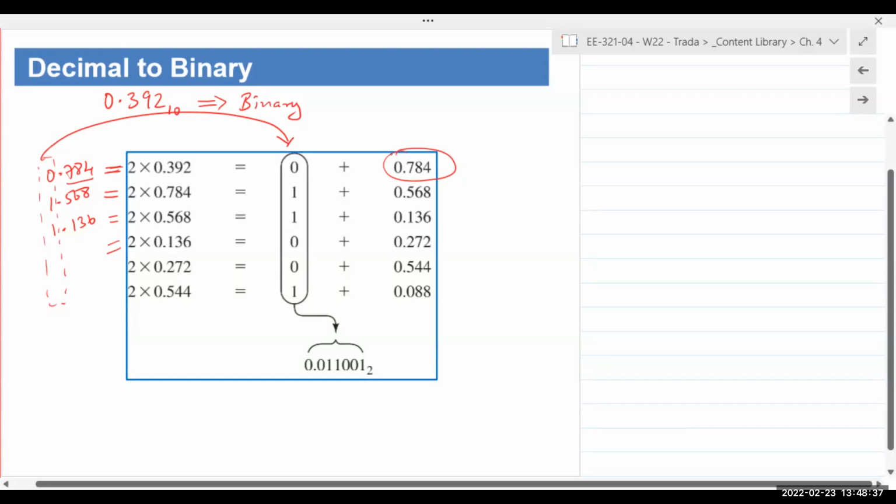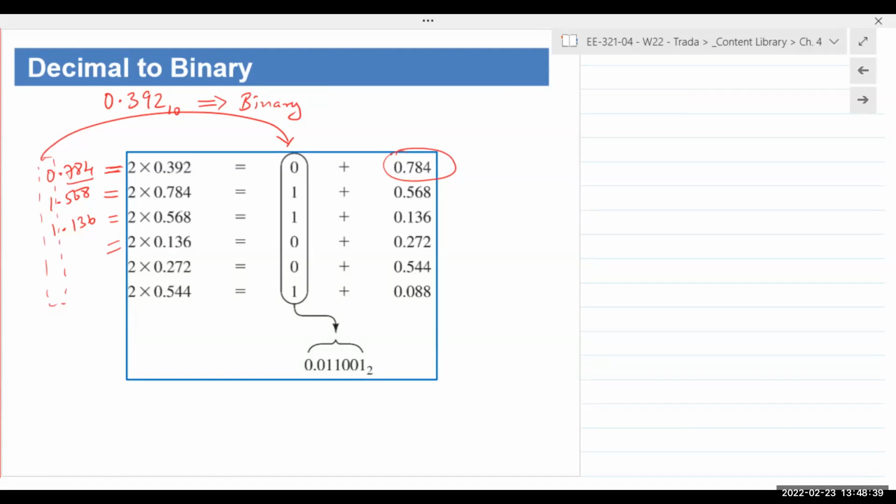What this is showing you is that 2 times 0.392 is equal to 0 plus 0.784. This is 1 plus 0.568, right? You're separating out the real portion, keeping only the fraction. And you keep on multiplying by 2 until you get 011001. Now you read from top down with as many precise digits as you want. If you just want 3 significant digits, then 0.392 can be written as 0.011.